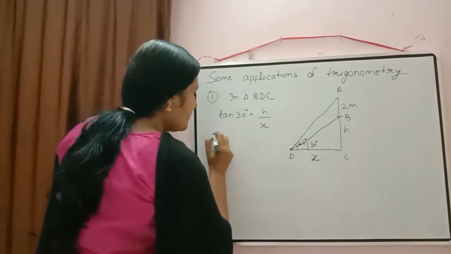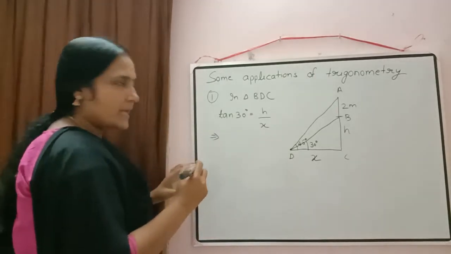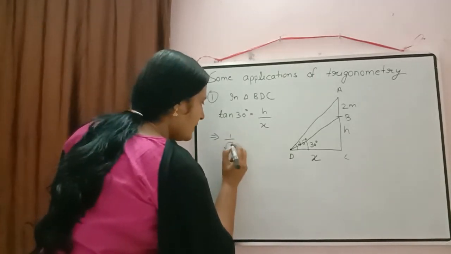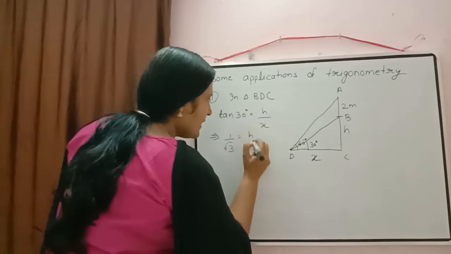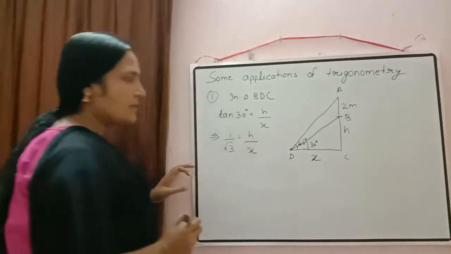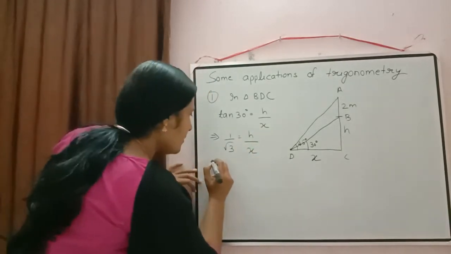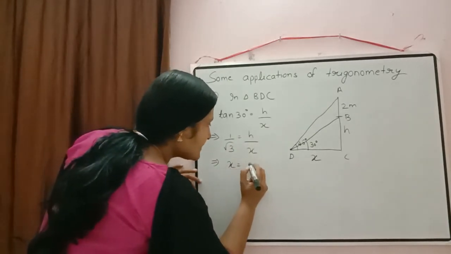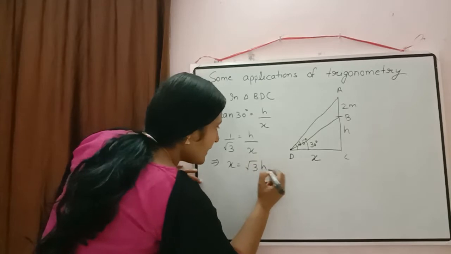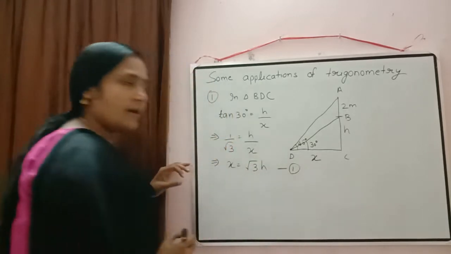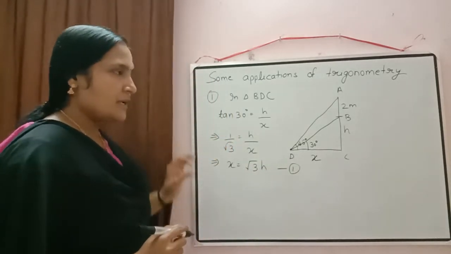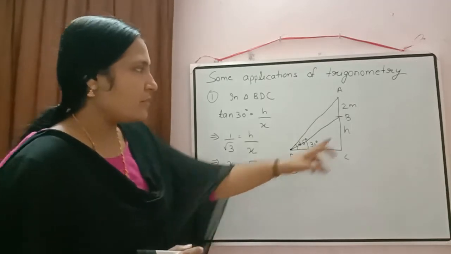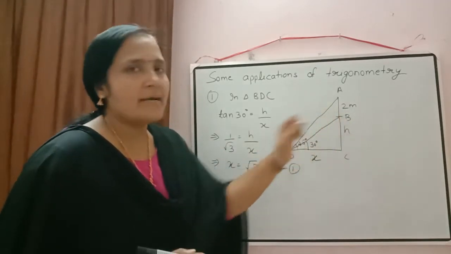And what is the value of tan 30 degree? Tan 30 degree is 1 by root 3. So we get 1 by root 3 is equal to h by x. Cross multiplying, we get x is equal to root 3 h. Make it equation number 1. So first we used the concept of trigonometry in this smaller triangle.